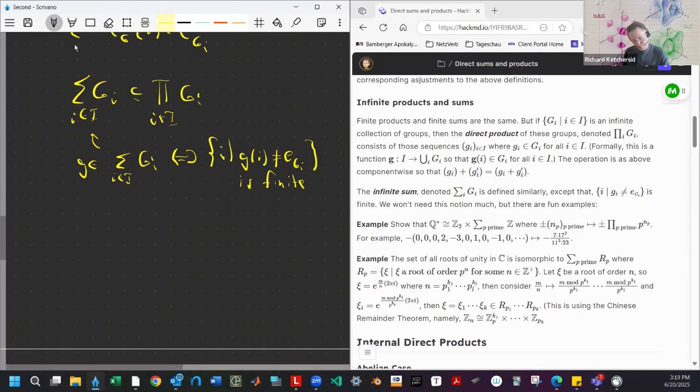I say sum because this is written as a sum, but it's a finite product where almost everything is one, so those just don't matter. You just multiply those finitely many things together, and that makes completely good sense. Maybe this will make more sense when we do the internal case, but anyway, this is the definition.